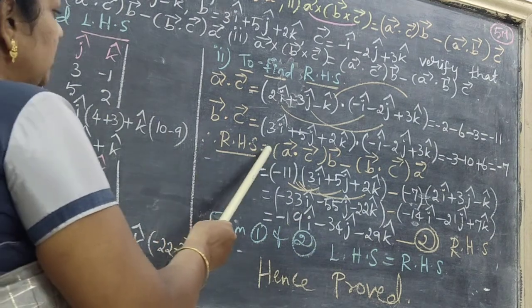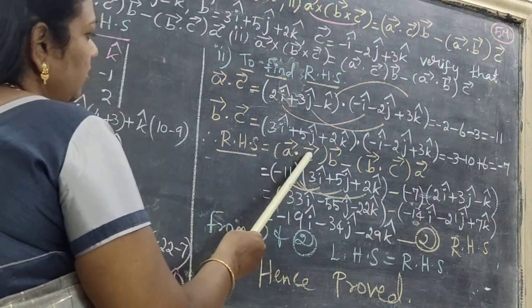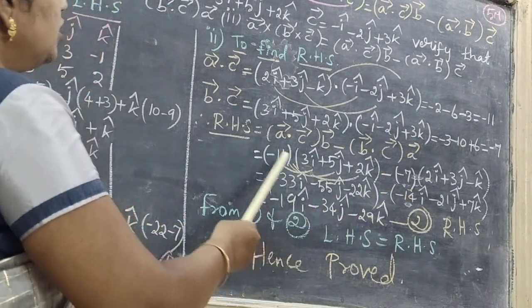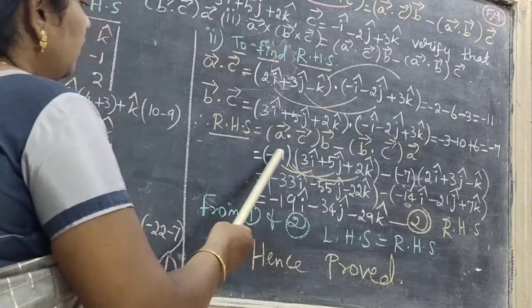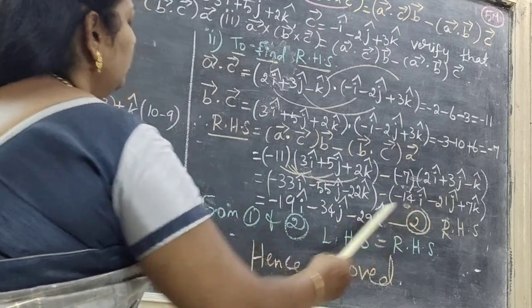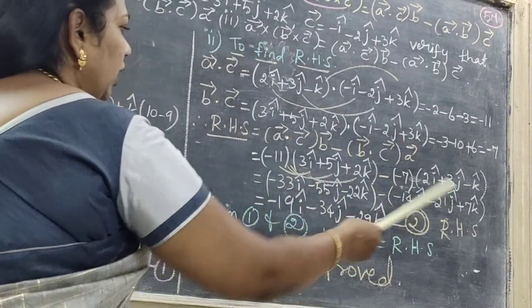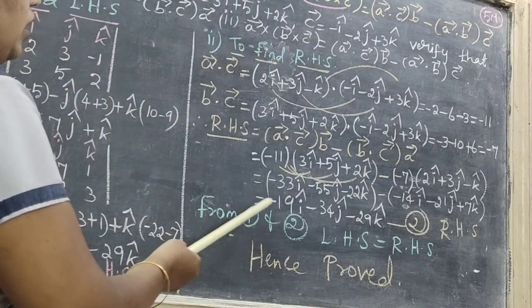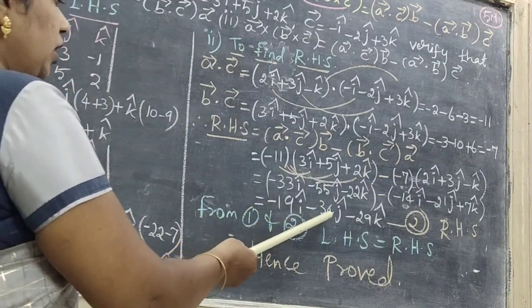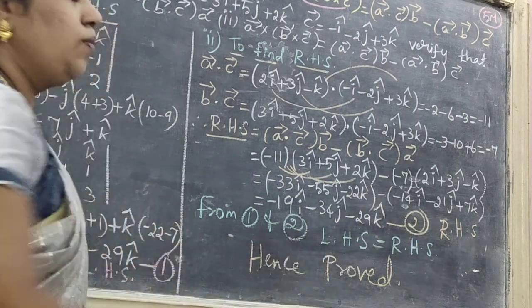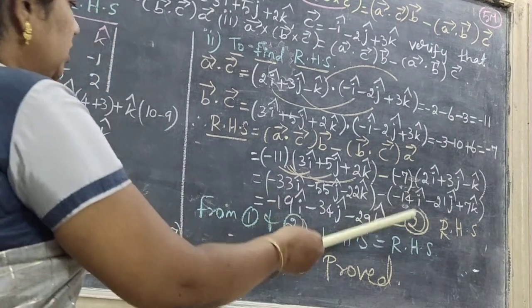Therefore, the right hand side (A dot C) B vector minus (B vector dot C) A vector, substitute the values, then multiply 1 by 1, then solve i cap, j cap, k cap. Therefore, we get minus 19 i cap minus 34 j cap minus 29 k cap. That is equation number 2. That is our right hand side.